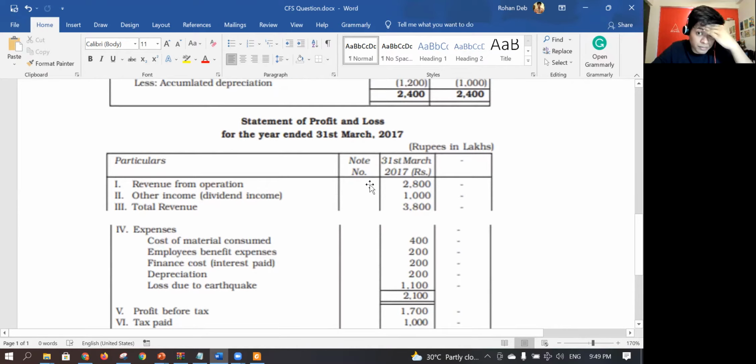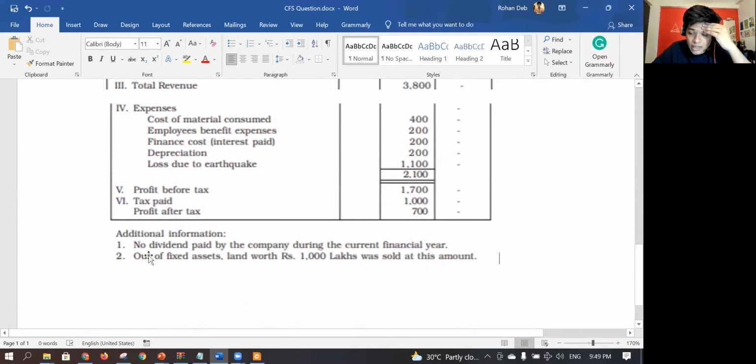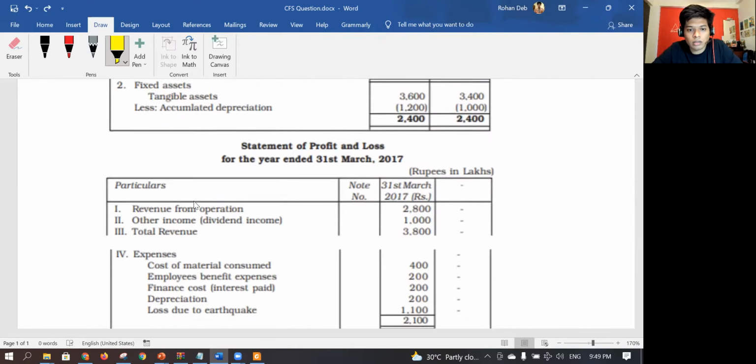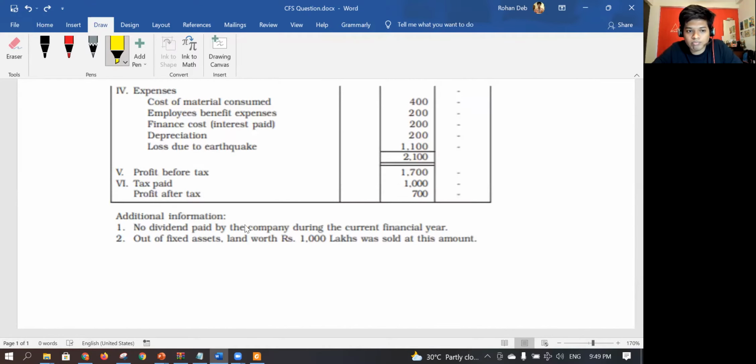Okay, and there are two pieces of additional information. So how I approach this is, generally, when I get any kind of additional information, I always mark the place where that additional information belongs.